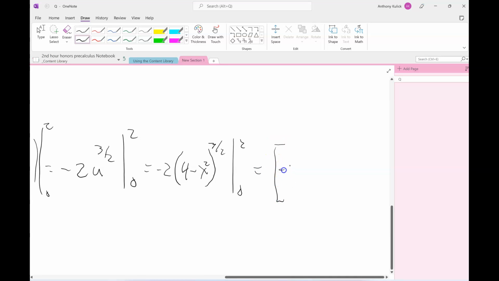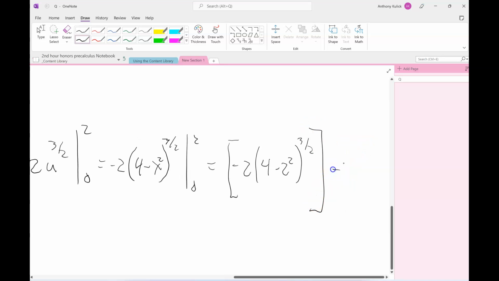So when I plug the 2 in, that's nice. Because what's that just turn into there? Just a 0, right? Because I have the 4 minus 2 squared. So that just zeroes out.